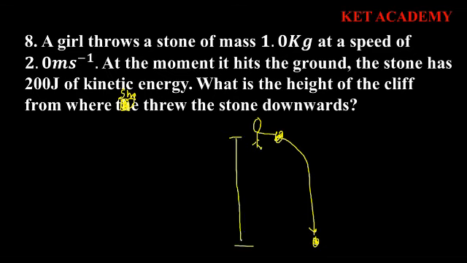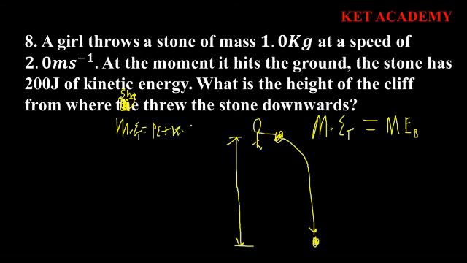Now we know from the law of conservation of energy, the mechanical energy at the top of the throw will be equal to the mechanical energy at the bottom. So we're going to resolve it separately. Mechanical energy at the top is equal to the potential energy plus the kinetic energy.